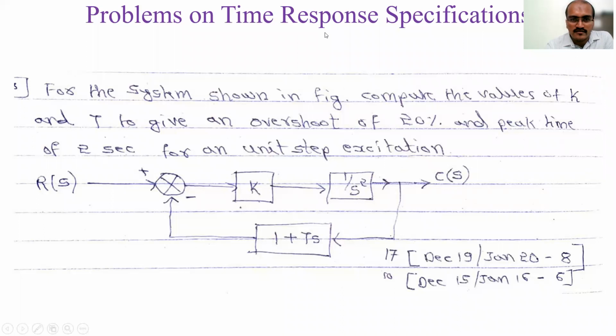So just read out the problem again. Try to think about the idea now, because already we have done 5 problems in this same category. Now you have to think in which way I can solve this.